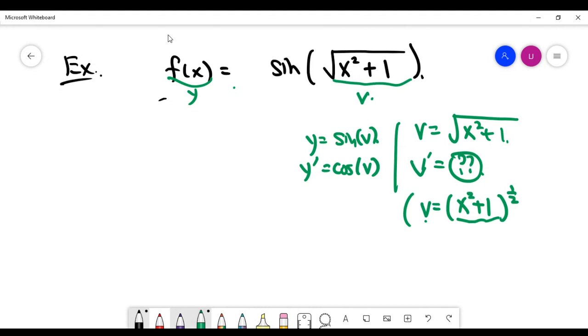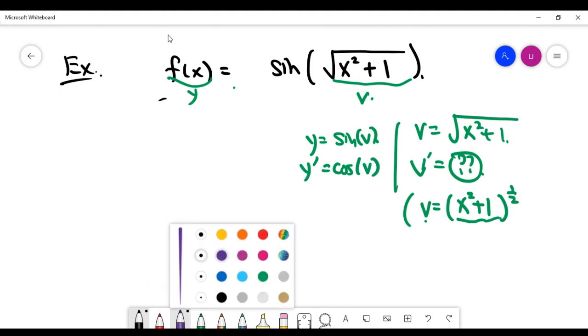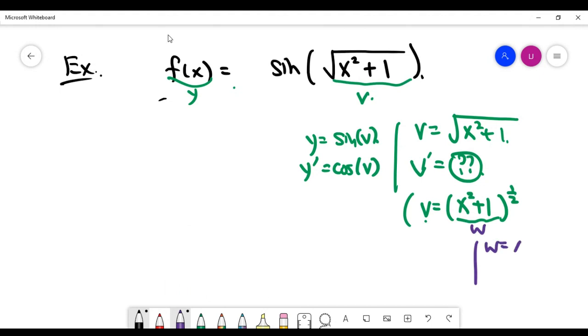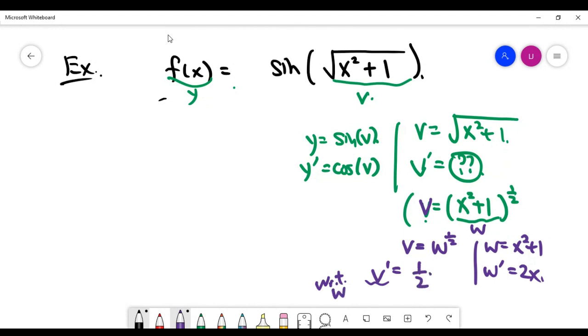The chain rule is that you can actually let w be x squared plus 1, then w prime is 2x. Now v can be expressed as v equals w to the power half, right? And v prime as a derivative with respect to w is the same as half times w to the power minus half by a power rule.